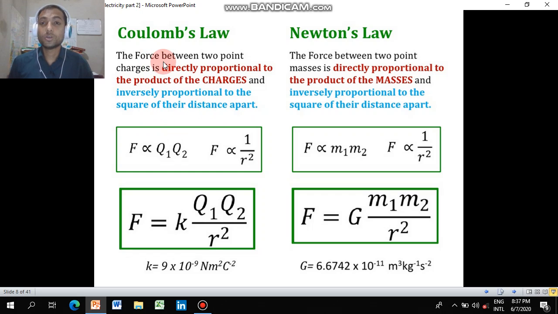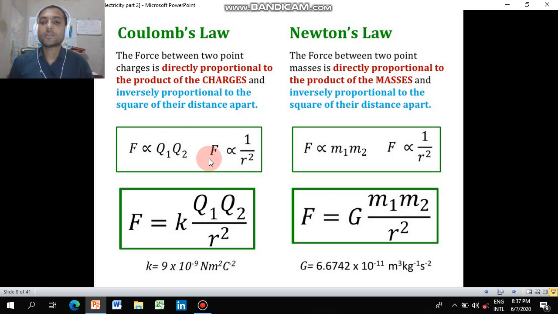If these two charges are Q1 and Q2, then the force is directly proportional to the product of Q1 and Q2, that is F proportional to Q1 Q2, and inversely proportional to the square of their distance apart. If the distance between these two charges is r, then F is proportional to 1 by r square.